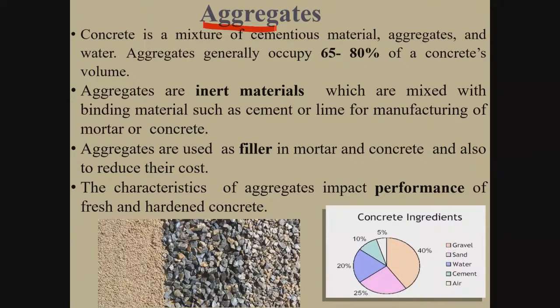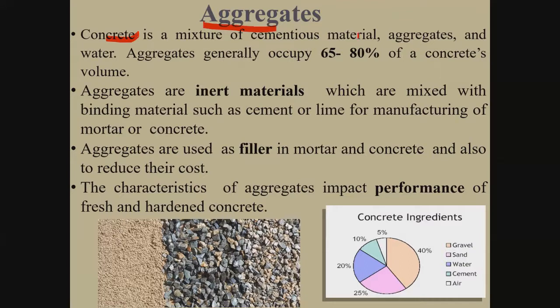Now, as you know, concrete is a mixture of cementitious material, aggregates, and water. As a cementitious material, we are using either cement or lime, and as aggregates, we are using two types: coarse aggregate and fine aggregate.